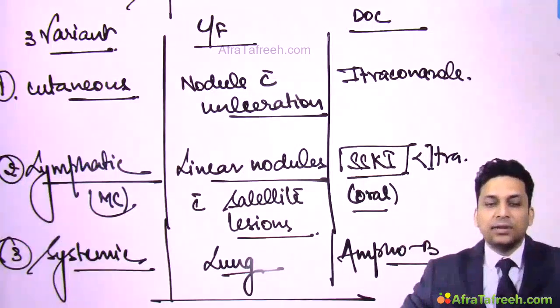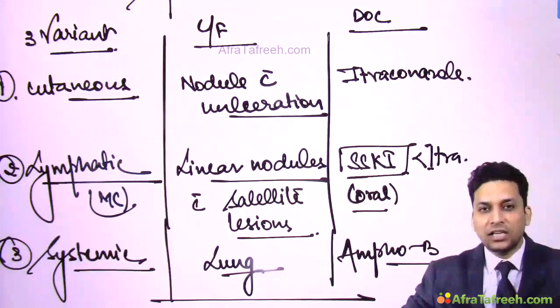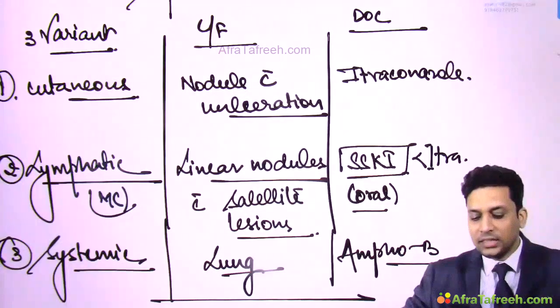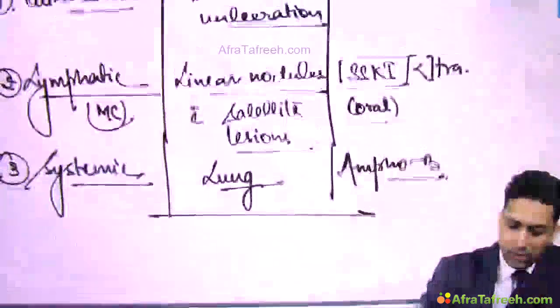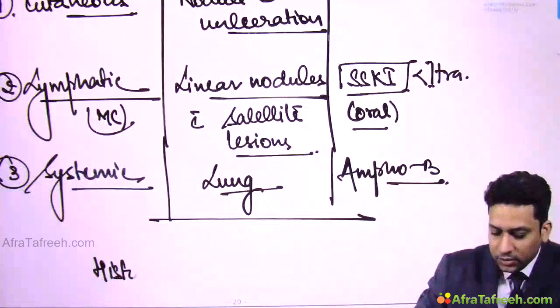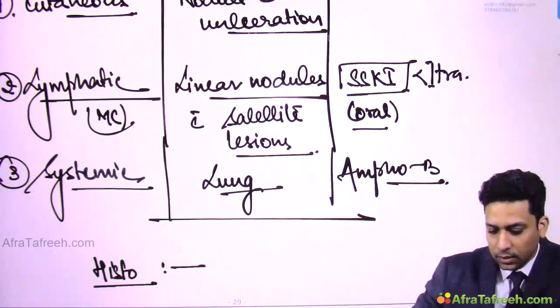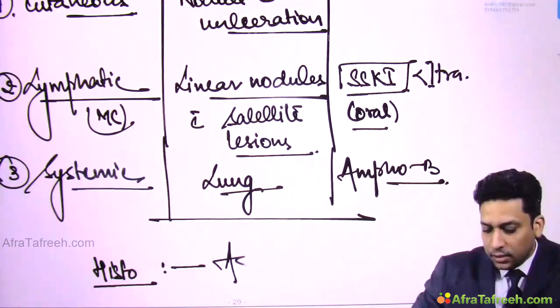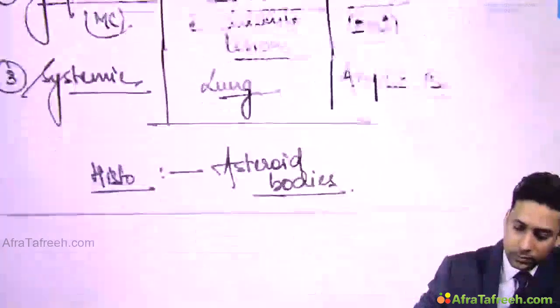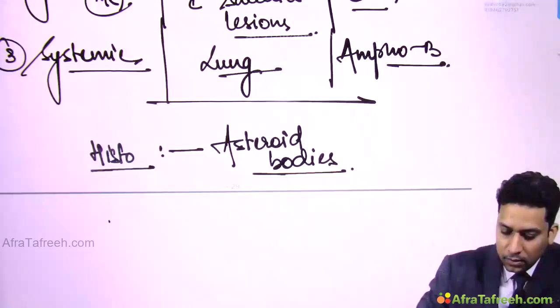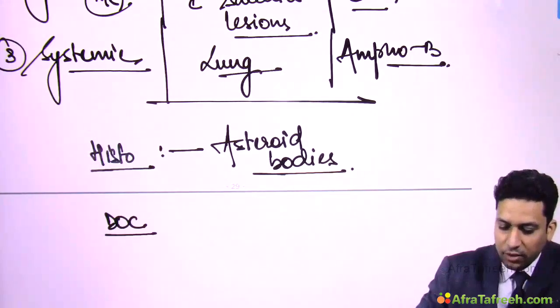And sometimes, due to inhalation of the agent, lungs or other organs get involved, and this systemic variant is treated with amphotericin B. So these are the various variants. If you do histology from any of these lesions, you will get asteroid bodies. The drug of choice for this condition we have already discussed.